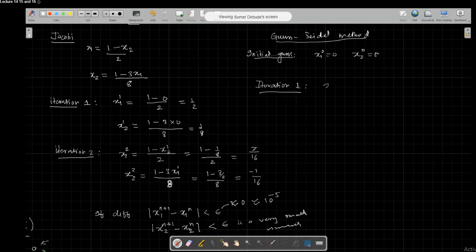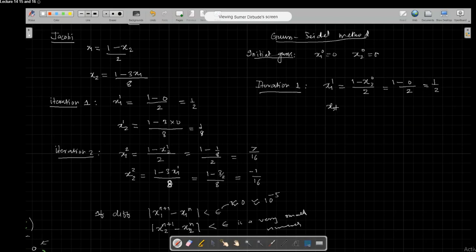will give you x1 1 is equals to 1 minus x2 0 divided by 2, which will be equals to 1 minus 0, divided by 2, is equals to 1 by 2.